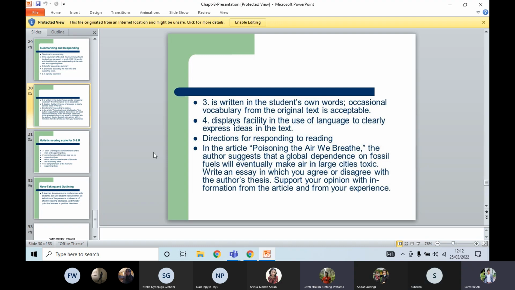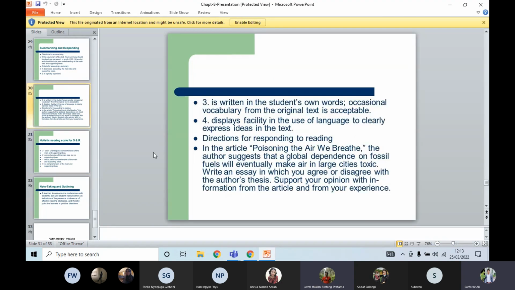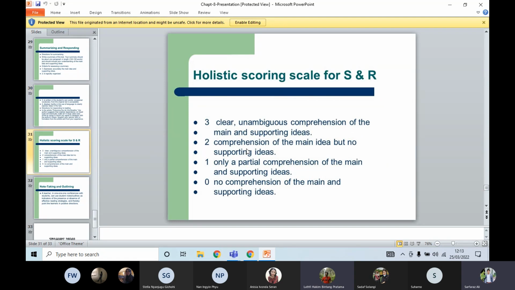You will be given directions according to your test. This is the understanding of responding reading. You can see that main idea and supporting idea are only partial comprehension, the clear ambiguity. So these are the scoring skills for answering questions.